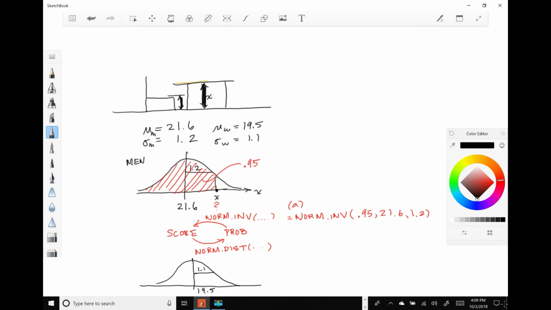And we got this answer for the men of 23.6 inches. So let's say that's over here. Now the bottom 5% of women, that's going to be over here, where this area is 0.05. And so obviously that number is way to the left of that number.